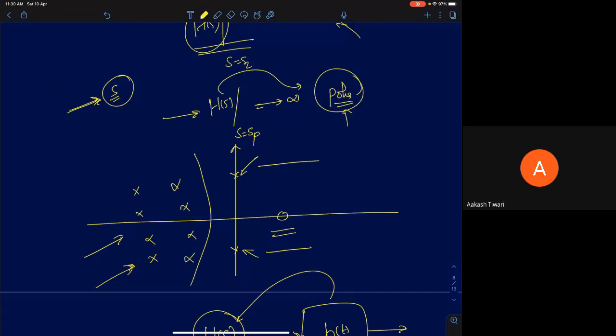The system has to satisfy this condition of all the poles being in the left of the S plane. If the poles are on the j omega axis or on the right of the S plane, then the system is unstable. So that's it.